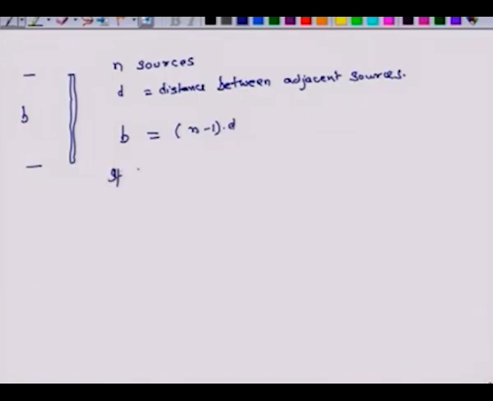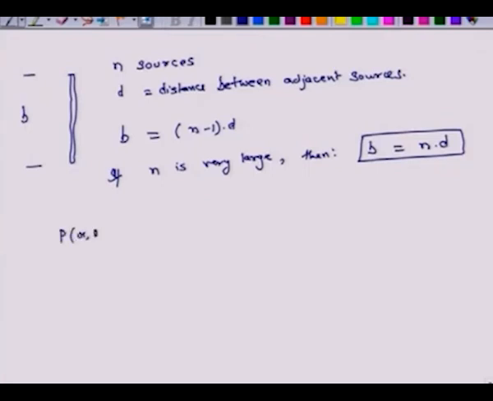Now, if n is very large, then B equals n times d for large value of n. If n is extremely large, then B equals n times d. So, in such a case, we can write that pressure equals A times sin n alpha divided by sin alpha.